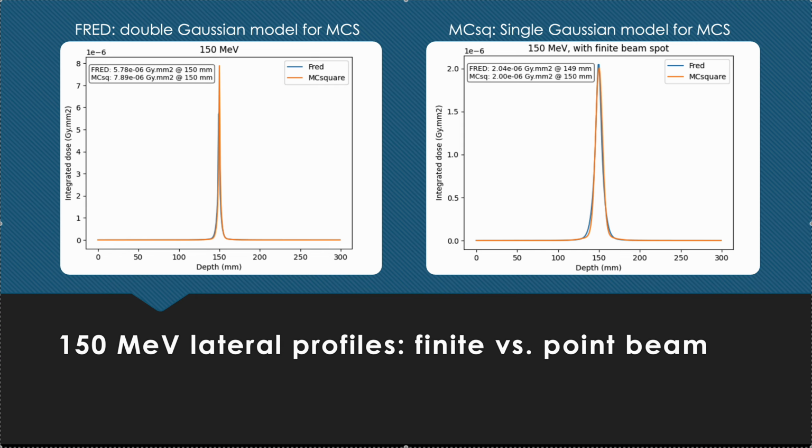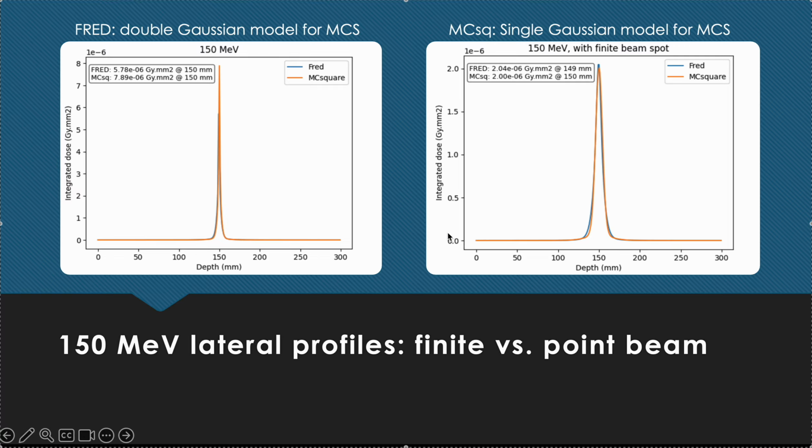Another thing that you notice, when you reduce the spot size to 0, suddenly there is a rise: for Fred it's 5.78 and here it's 2.04. Both rise because the dose area has to be constant, since I'm giving them the same energy of protons, 150 MeV, in both cases.